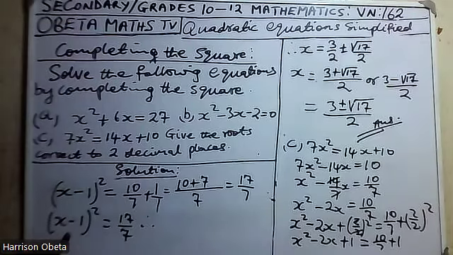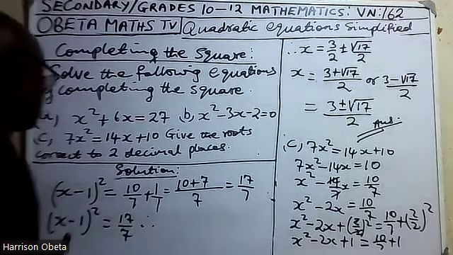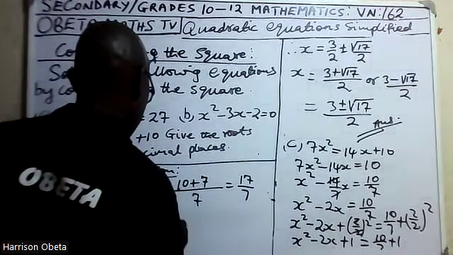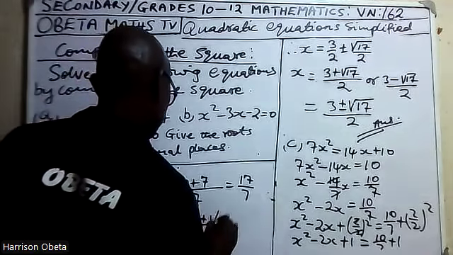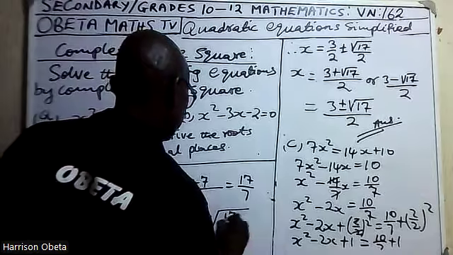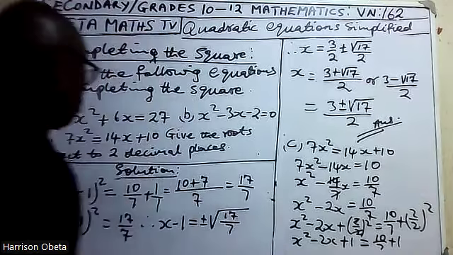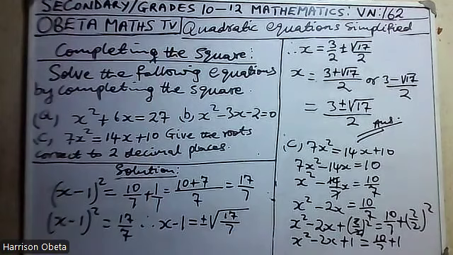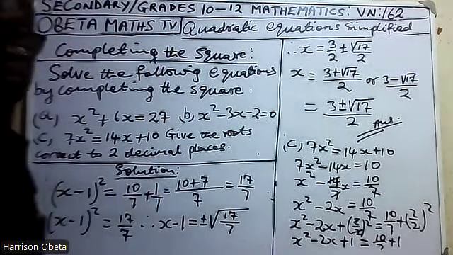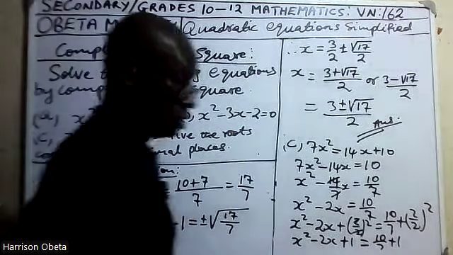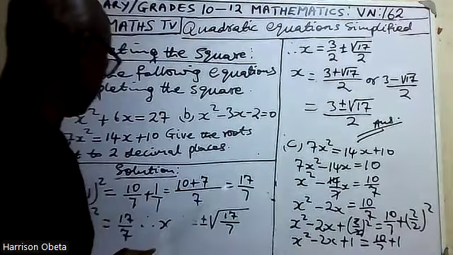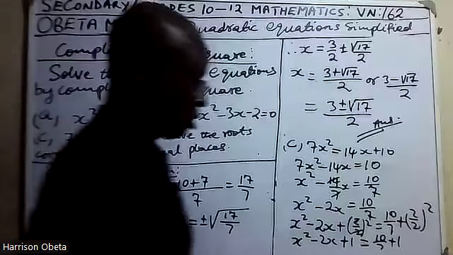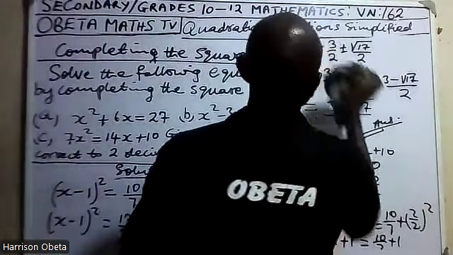Therefore, find the square root of both sides. x minus 1 is equal to plus or minus square root of 17 over 7. And then if you check the table or calculator, let's come up here to avoid anything cutting.